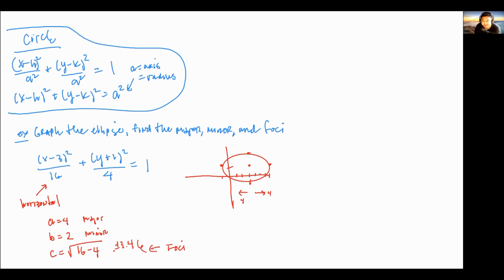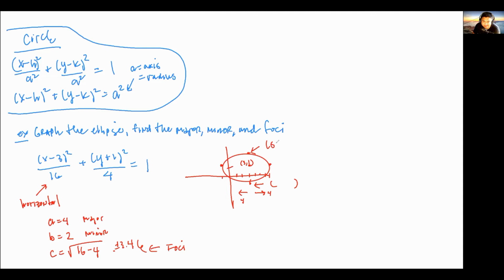Now, I think in the book it wants you to find the actual coordinates. So we know this is 3, 1. So that means that these two coordinates should be, this is 5, 1. No, that's not 5, 1.